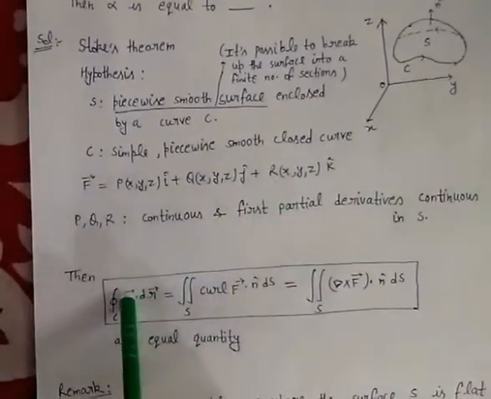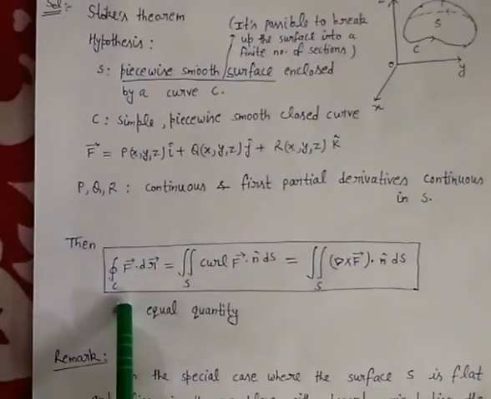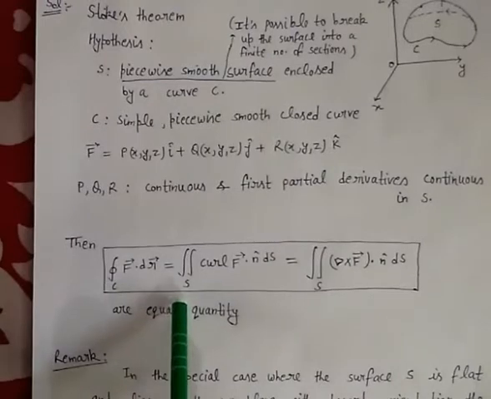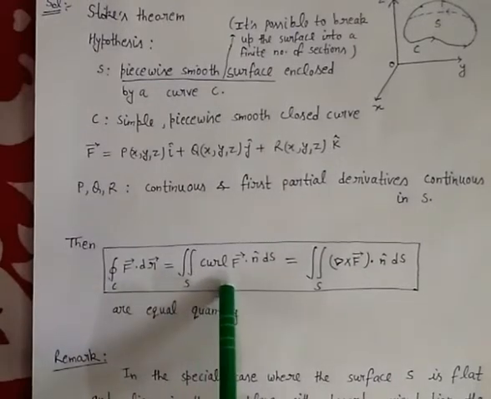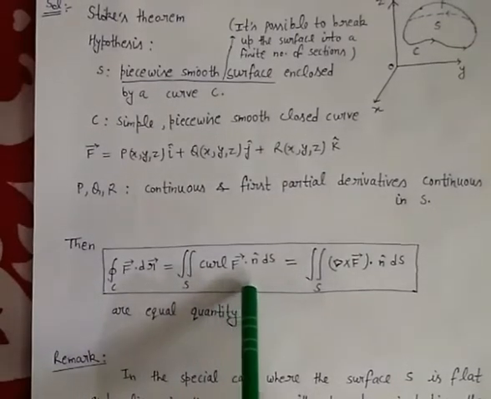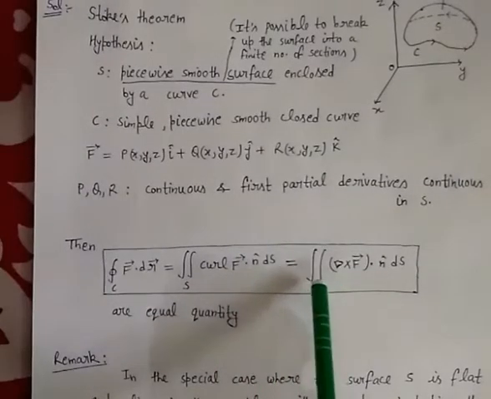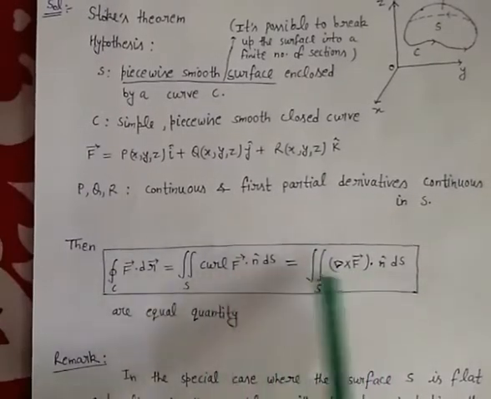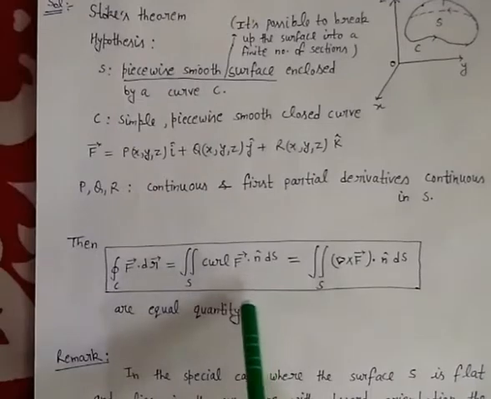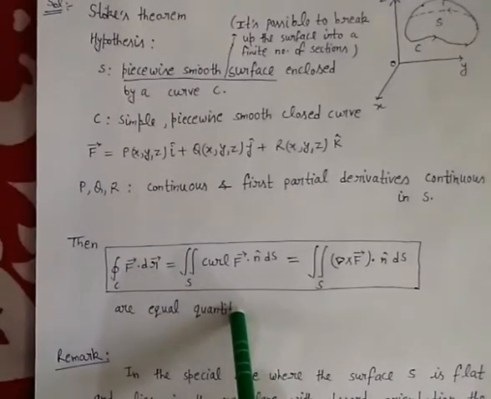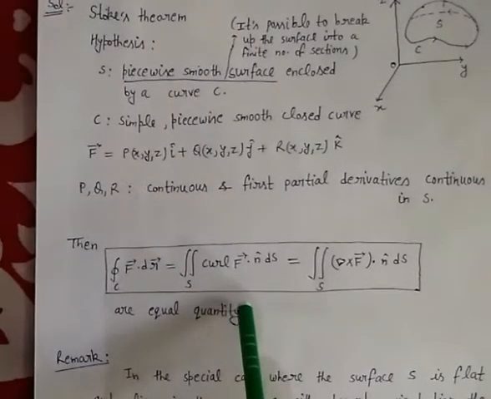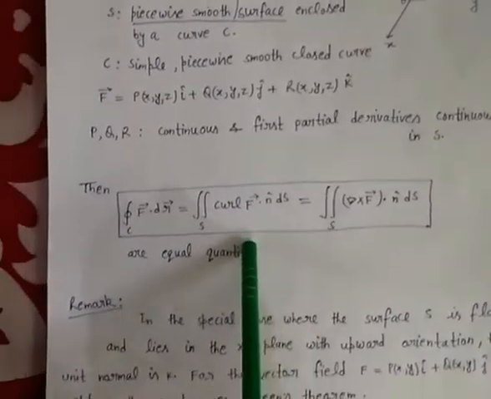Then the line integral of F vector dot dr vector converts to the double integral of curl F vector dot n cap dS. These are the same quantity. Now we proceed further.